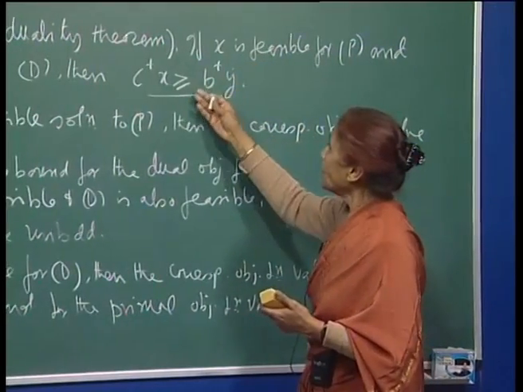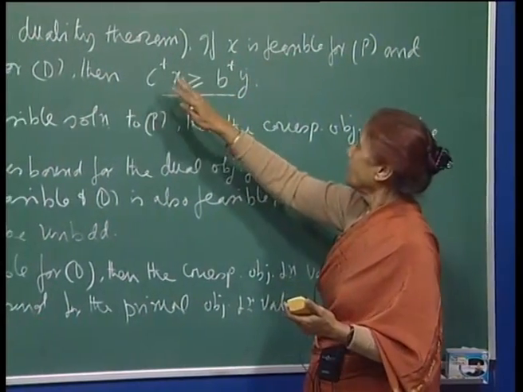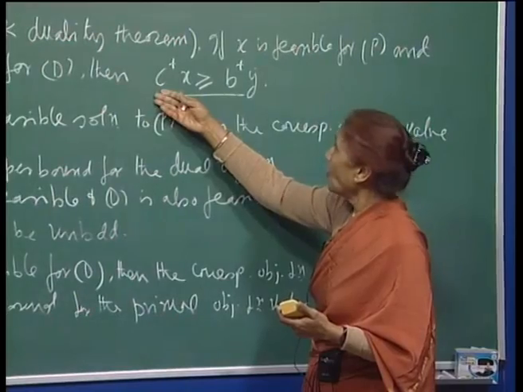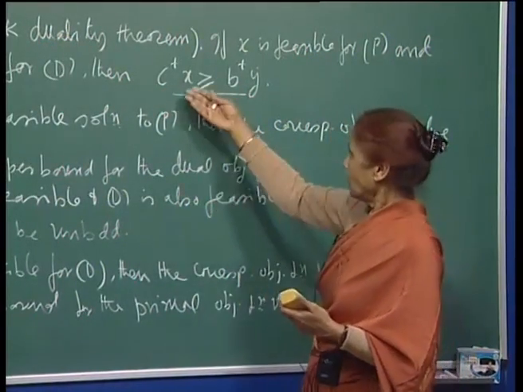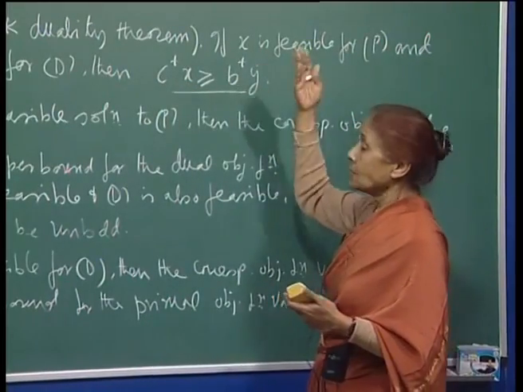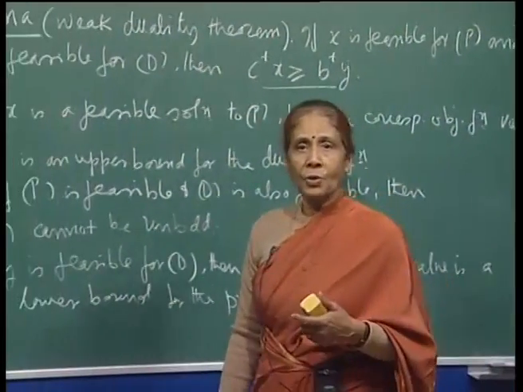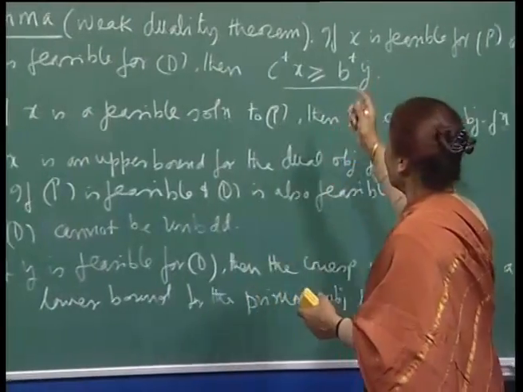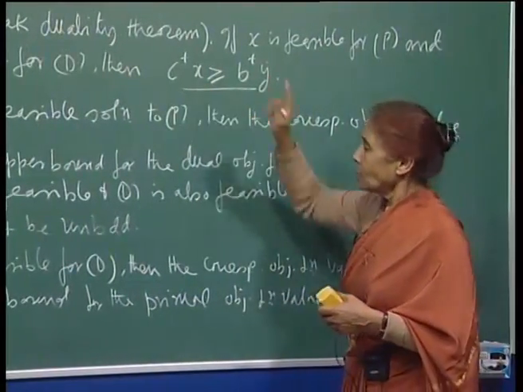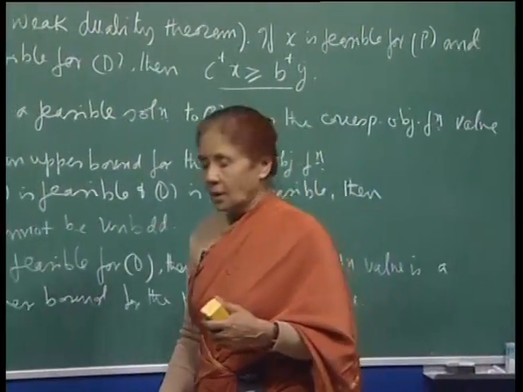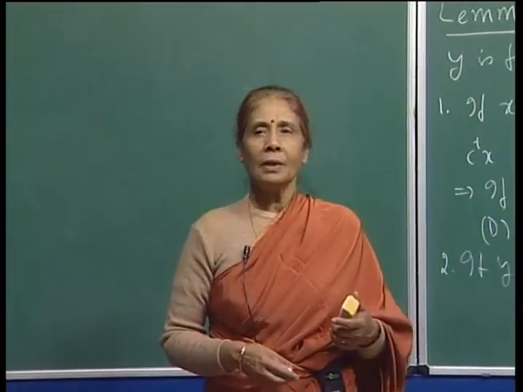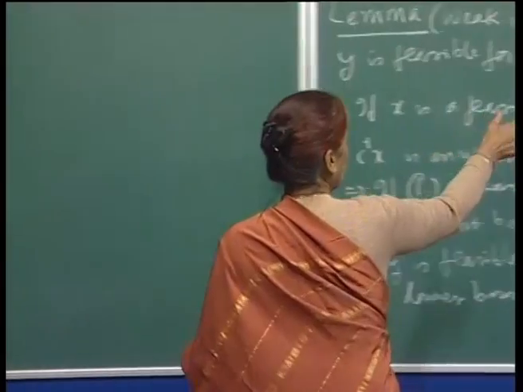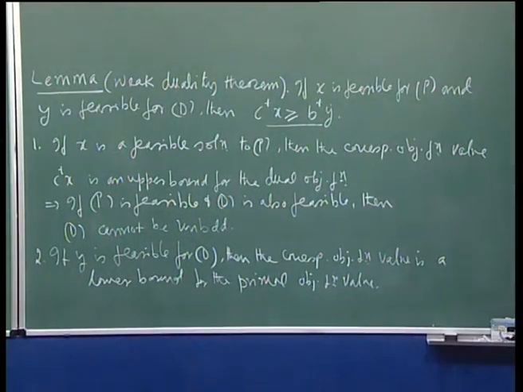So, it would imply that something very small is greater than some finite number. That means minus infinity is bigger than some finite number, which is not possible. So, what would we conclude? If we know that the primal problem is unbounded, then we can conclude that the dual cannot be feasible, right.